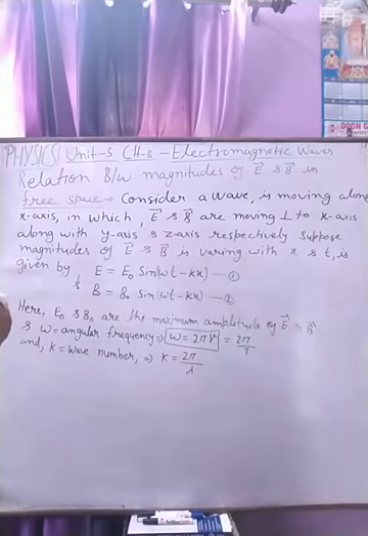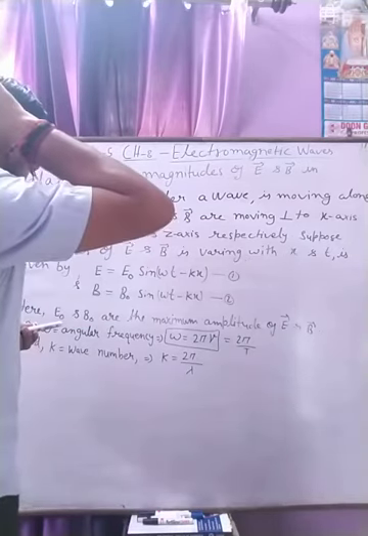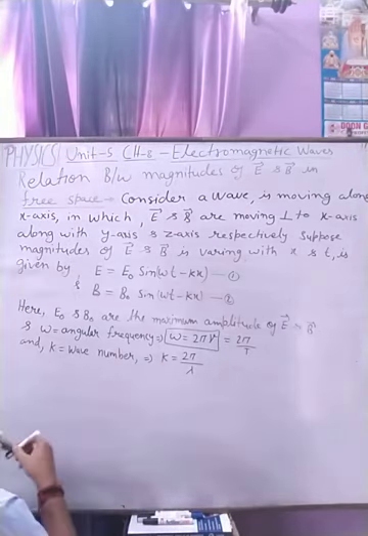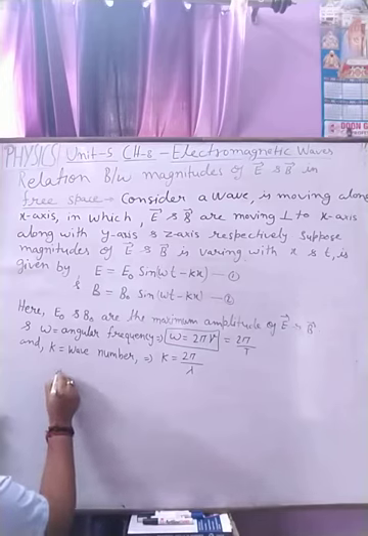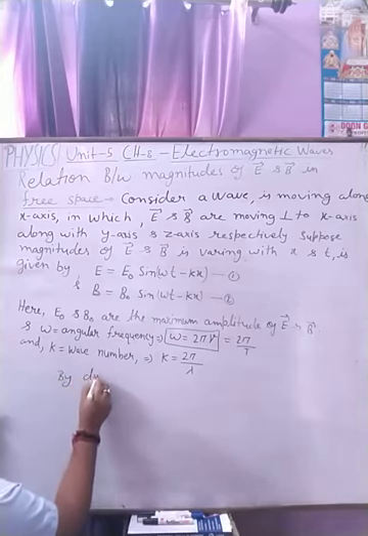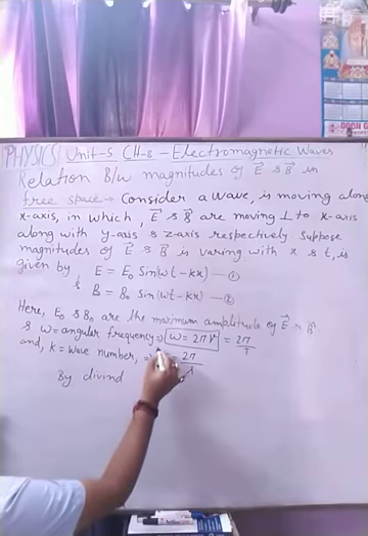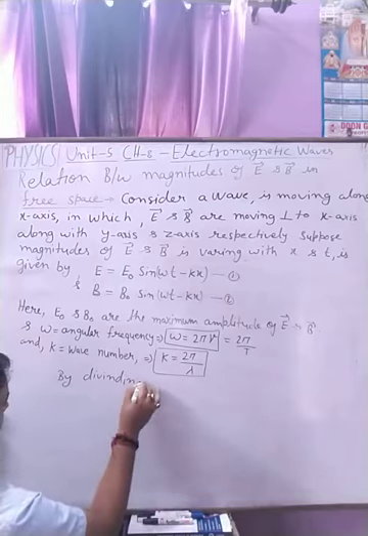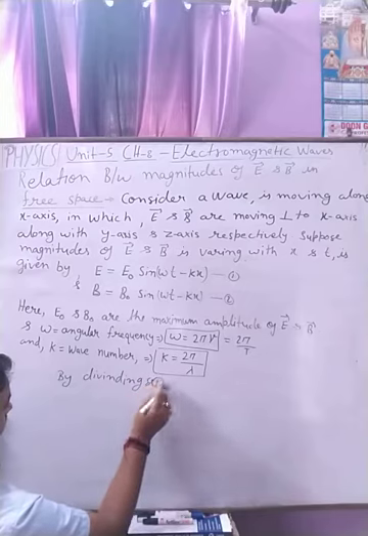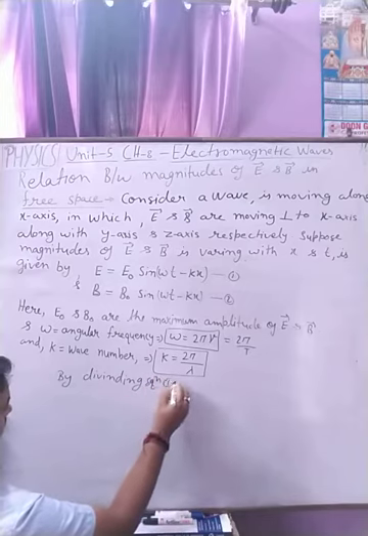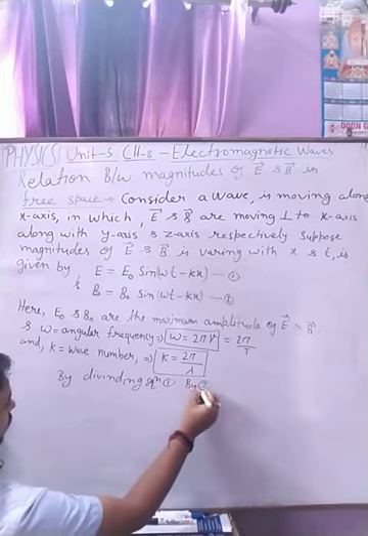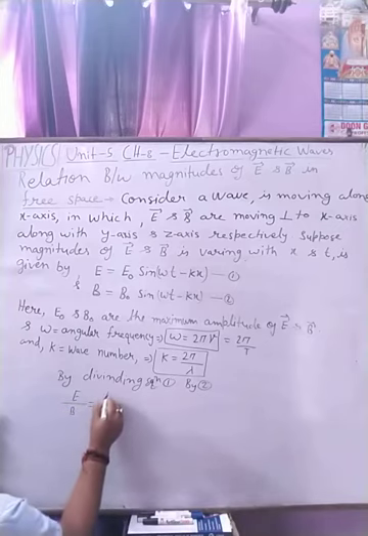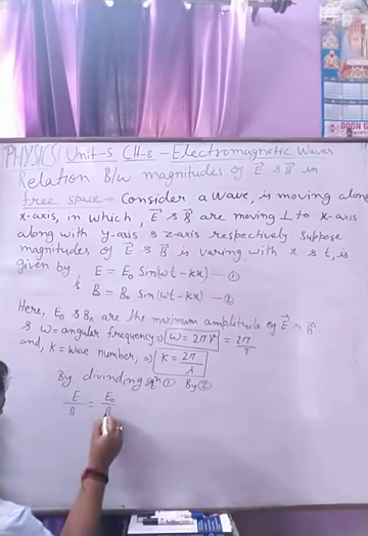Okay, therefore by dividing equation 1 by 2, we get E upon B is equal to E naught upon B naught.